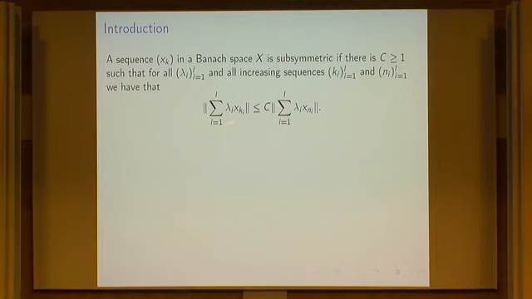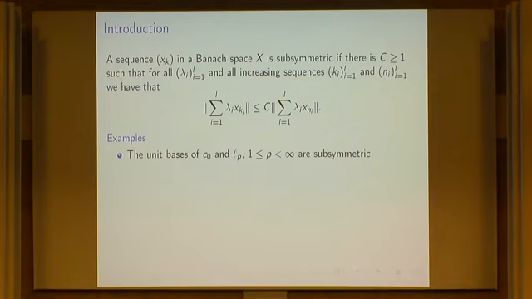And notice that I need increasing sequences. So as long as I have increasing indices on the sequence, and the same scalars, the norm of the combination looks the same in these two sets. So this is a subsymmetric sequence.